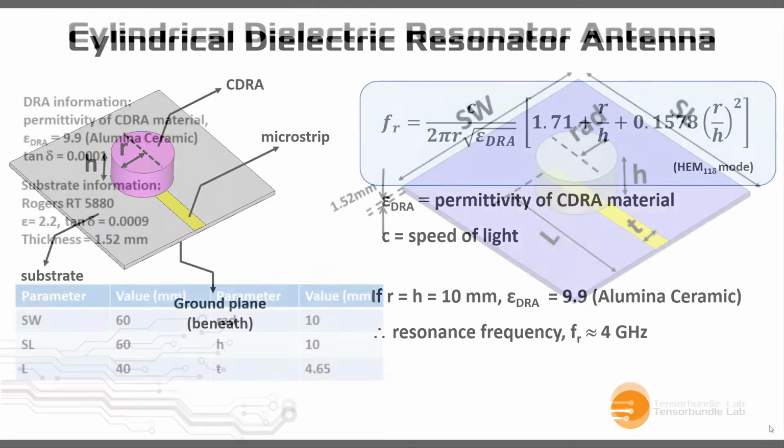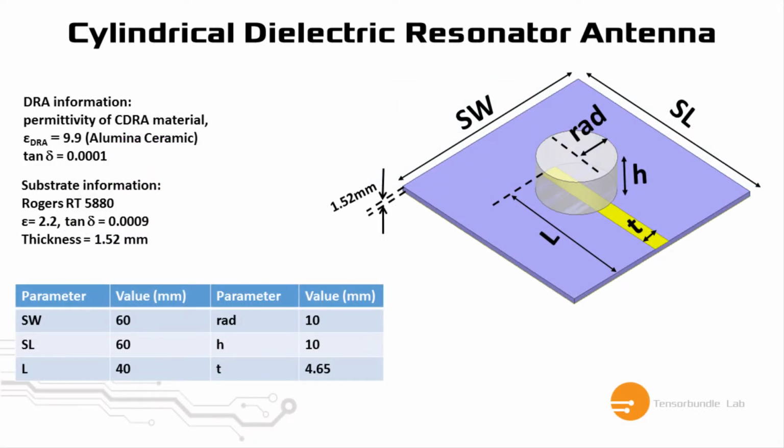All right. In our HFSS design, we're going to use these parameter values, as you can see, which are written in the table. The substrate that we're going to use is Rogers RT5880, and the cylindrical dielectric resonator material is alumina ceramic, which has a permittivity of 9.9.